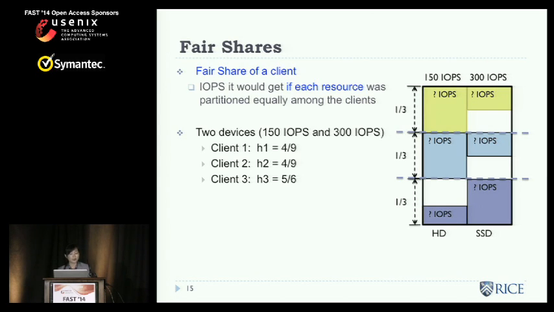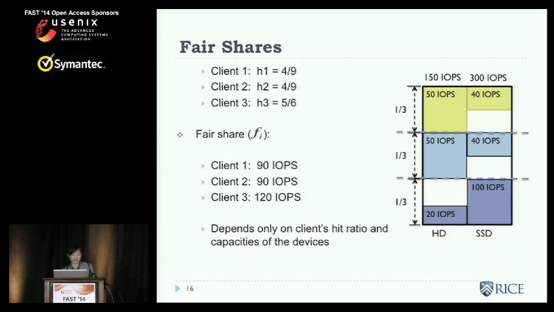For example, suppose there are two devices with capacity 150 and 300 IOPS. There are three clients. Client 1 has hit ratio 4:5, which means its requests go to HD and SSD in the ratio of 4:5. Client 2 has the same hit ratio, and client 3 has a ratio of 5:6. What's the fair share for each client?